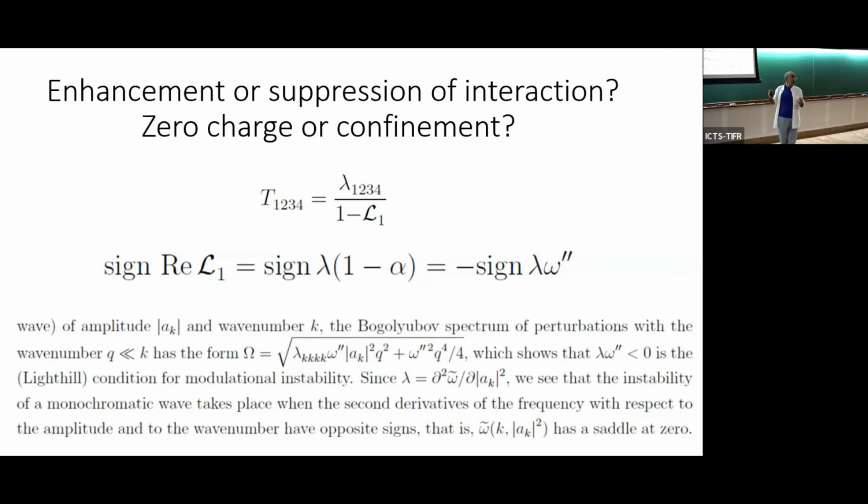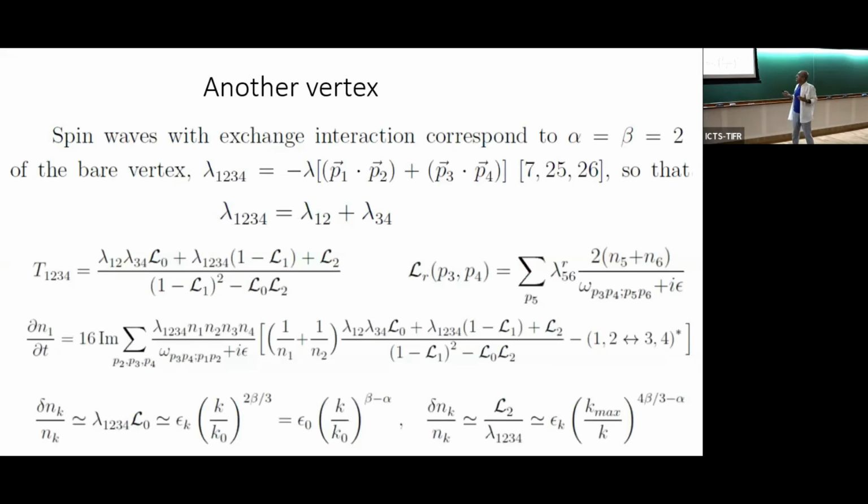Here, it's more general. It tells you that there are physical situations in which the sign of your bare interaction and the sign of your dispersion are different, where you enhance the interaction, and it tells you that you may have confined states. And those confined states aren't necessarily solitons.